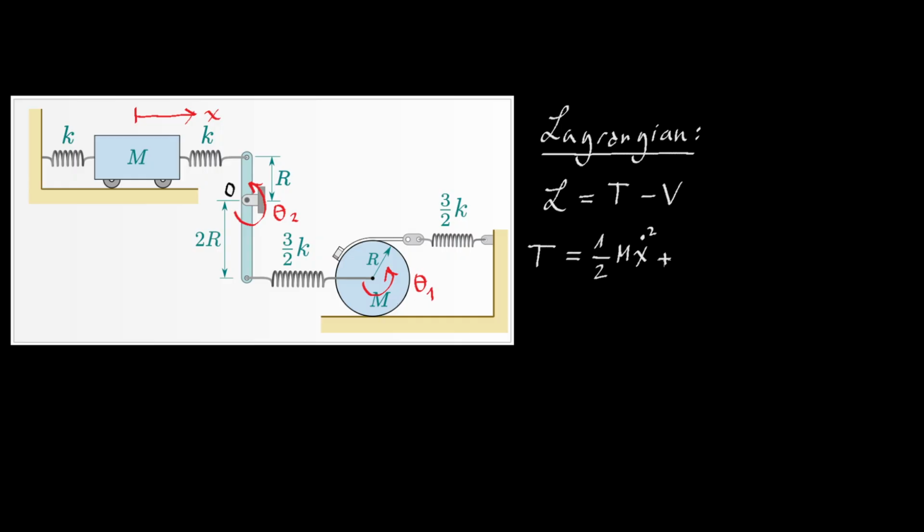There are two ways to write this kinetic energy. I will write it here as follows. First, I write the translational kinetic energy of the cylinder, and then I will add the rotational kinetic energy.